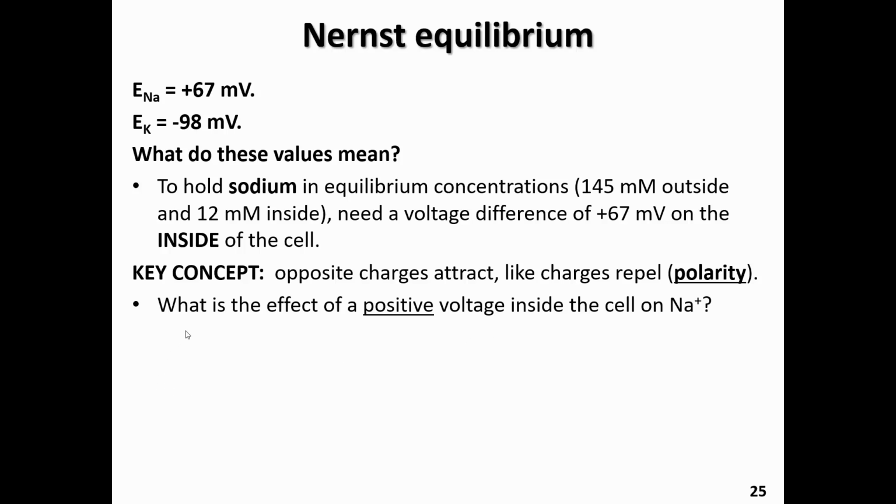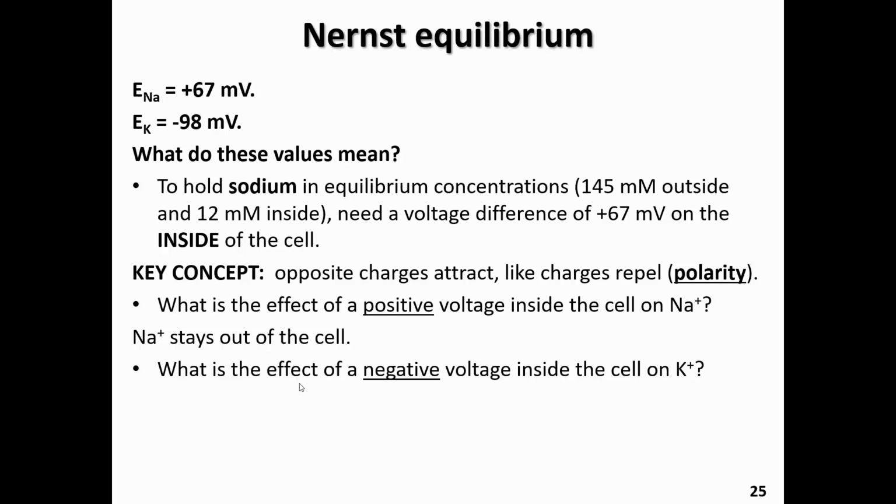So the first question here is, what is the effect of a positive voltage inside the cell on sodium? We did calculate that as the Nernst potential for positive 67. If we have a positive 67 environment inside the cell with respect to the outside, like charges will repel, so the positive 67 will repel the positive sodium to stay outside of the cell, and that's what's needed to maintain the concentration balance.